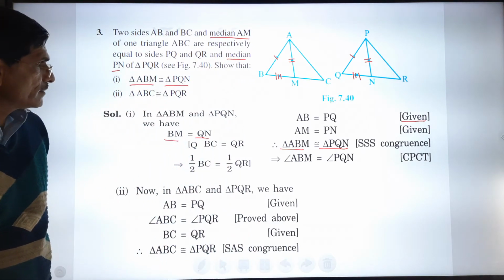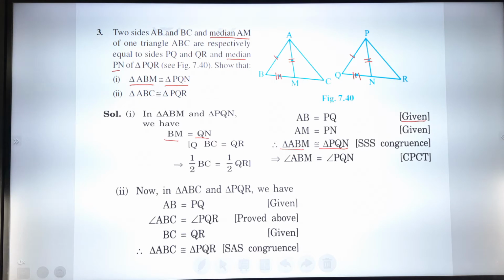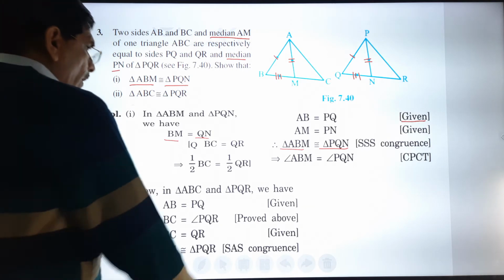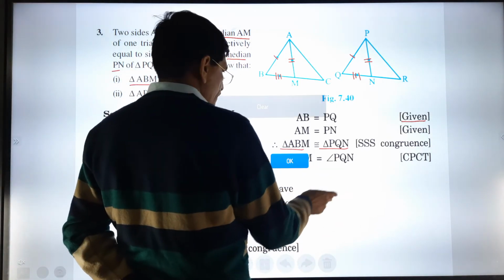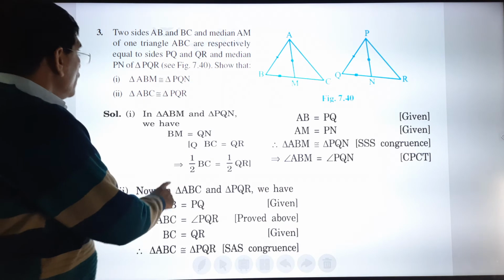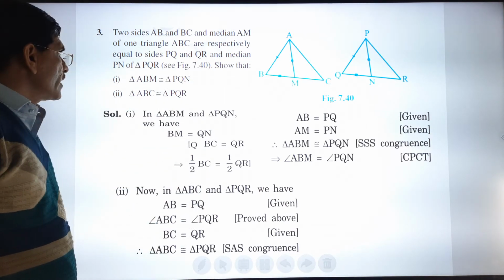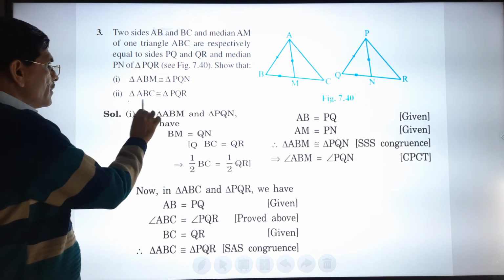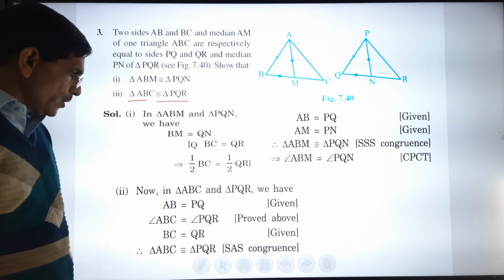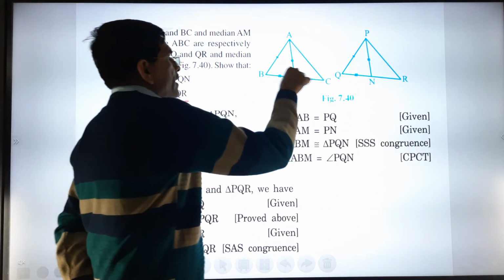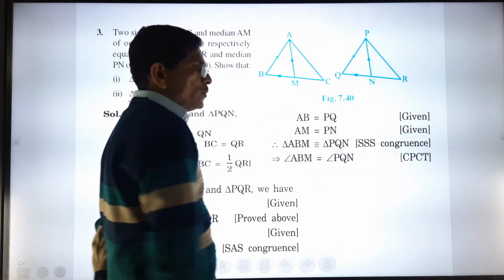Right, now first this. Now, in this second part, we have to prove that triangle ABC is congruent to triangle PQR.